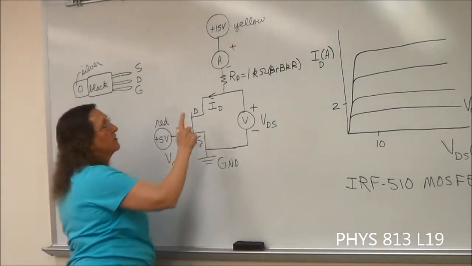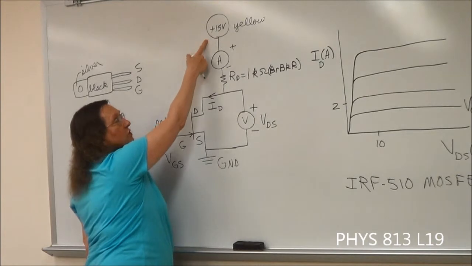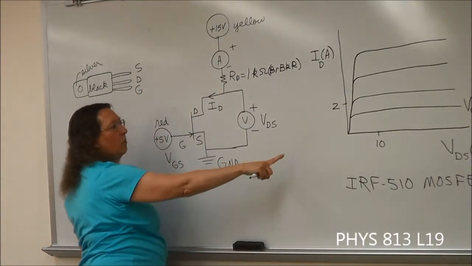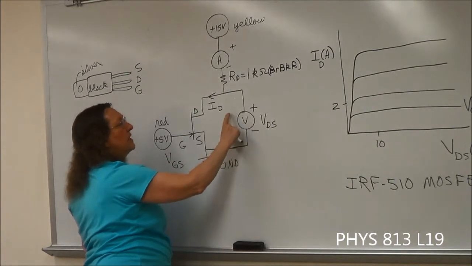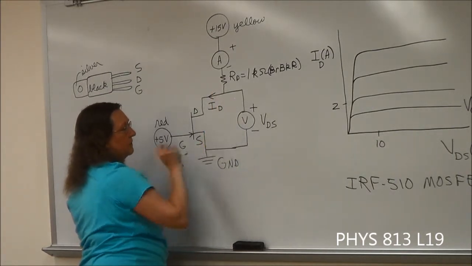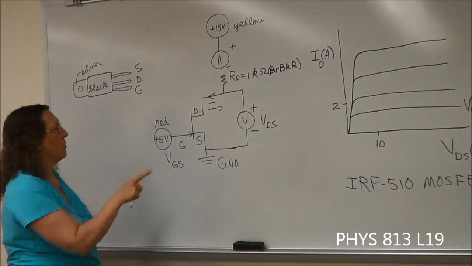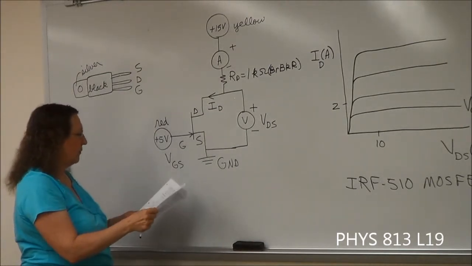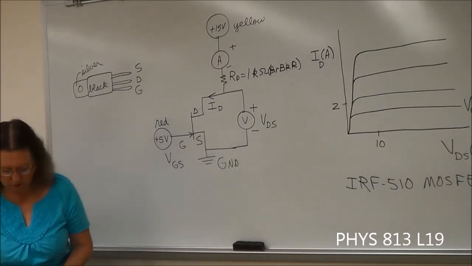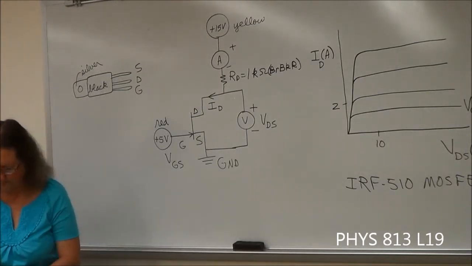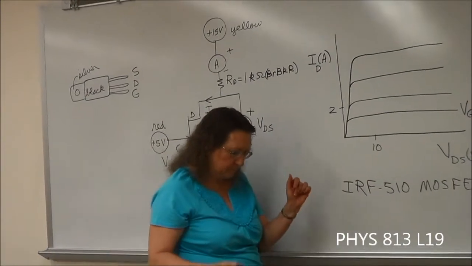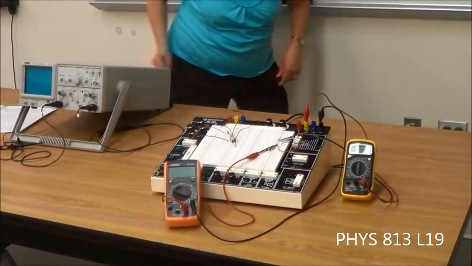It turns out, though, that the 15 volts is up here, here to ground, and for our graph, we need from the drain to the source. Okay, so that's the circuit you need to draw on page 160. And now we're going to go to the circuit board, and I'm going to show you, oh, I need my papers.